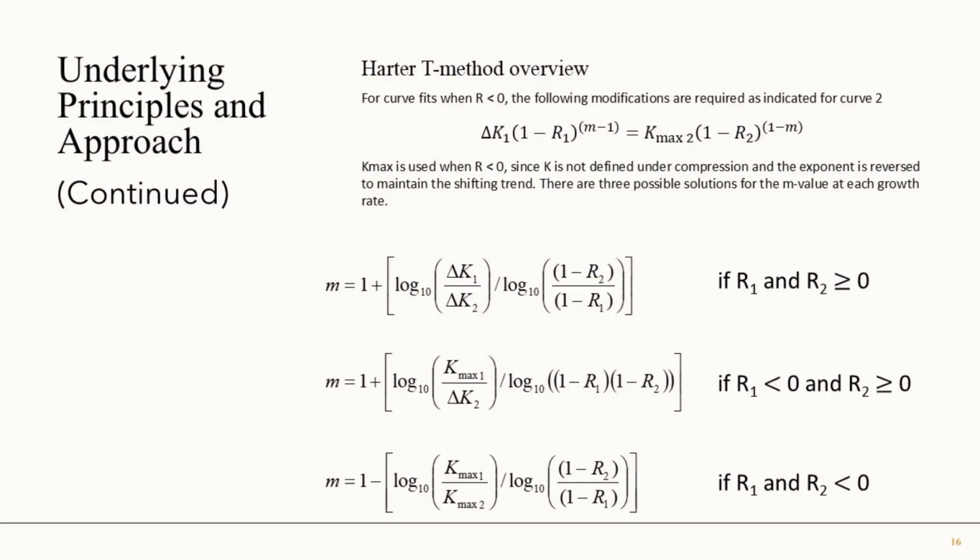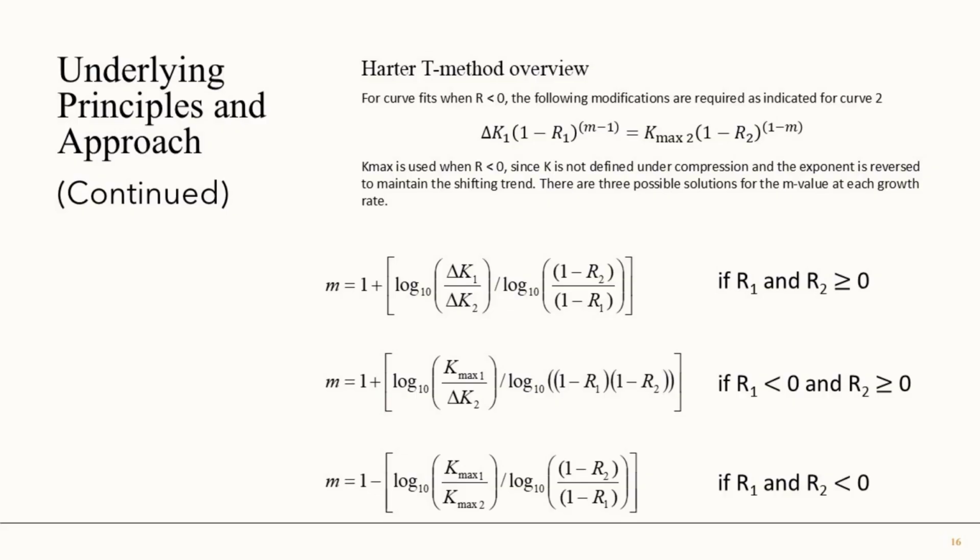And since we know, if we have data and a fit for those 2 curves, at each crack growth rate we could then calculate the m. So that would allow us to have an m that would change as a function of growth rate, which would allow us to more accurately fit actual real data. And it would allow us to also use the same equation to interpolate between those 2 different stress ratios to determine what the crack growth rate curve would be expected to be for some other stress ratio other than the 2 that we fit.